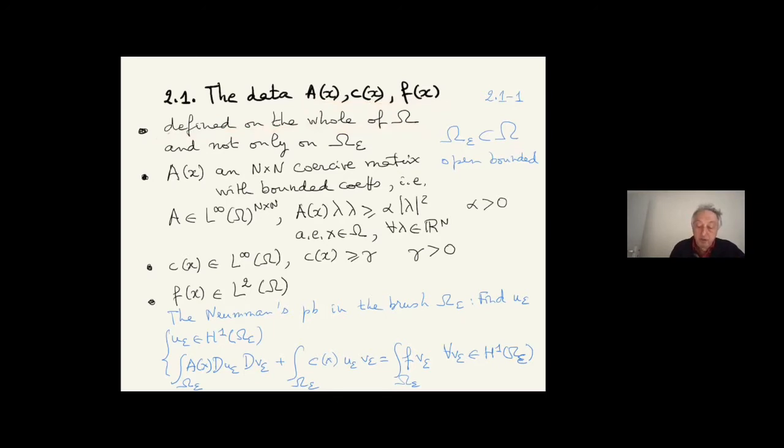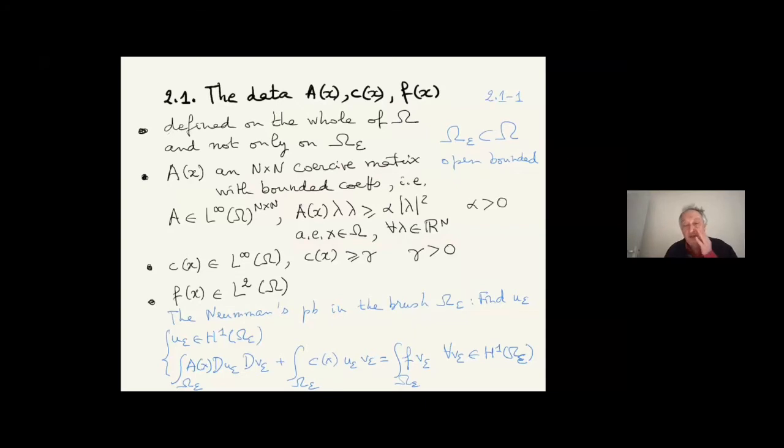A of x will be an n by n coercive matrix with bounded coefficients. So a matrix in L infinity of Omega, n by n, which is coercive in the sense that A of x lambda dot lambda is greater than alpha times |lambda| squared for a given alpha strictly positive, almost everywhere x in Omega, and for every lambda in Rn.